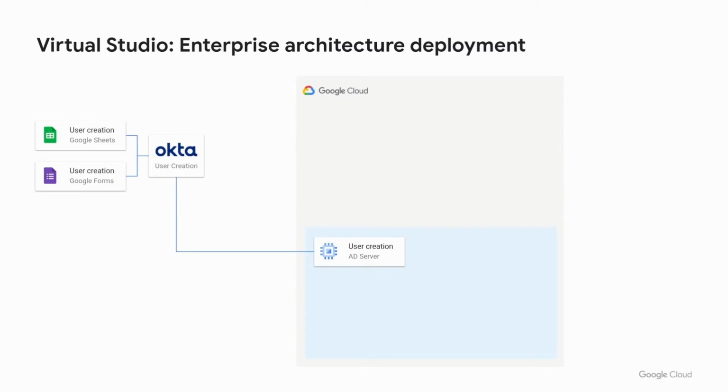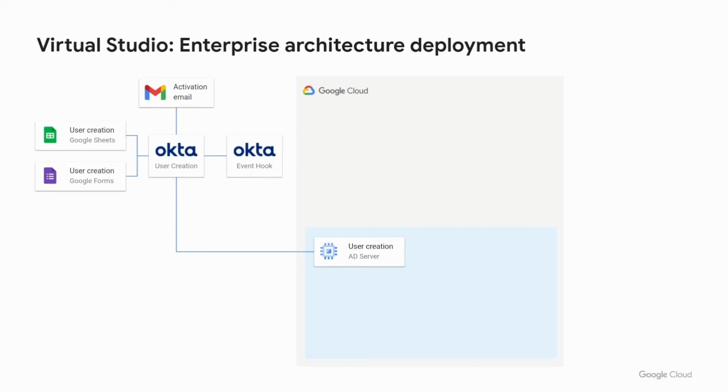And what that's going to do is create the user in Okta and then populate that same user in the Active Directory server in my project, in my GCP project. It's also going to send an activation email to the user so that they can then start the process of creating an account and establishing a password, which will get pushed to the Active Directory server, and then establish a multi-factor authentication method to generate that push token.